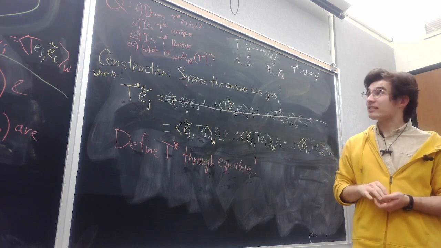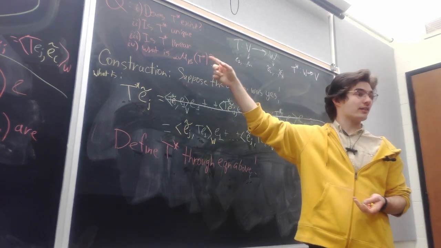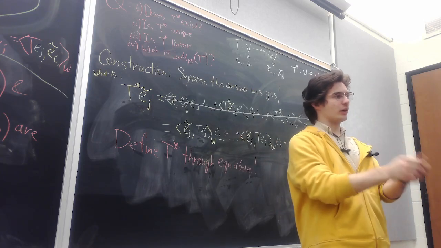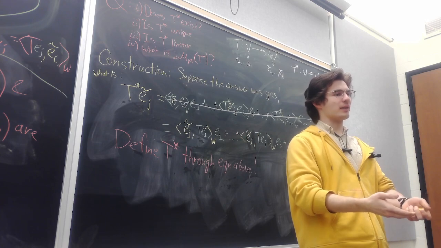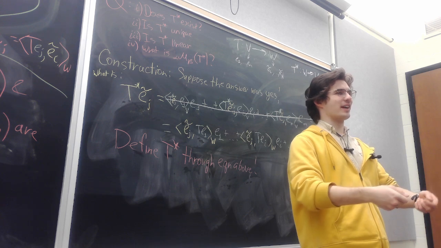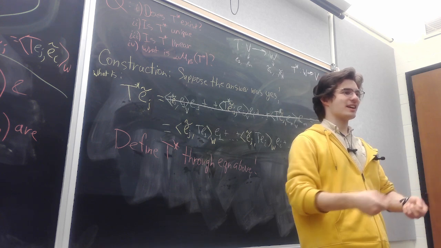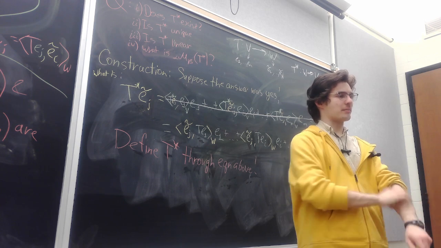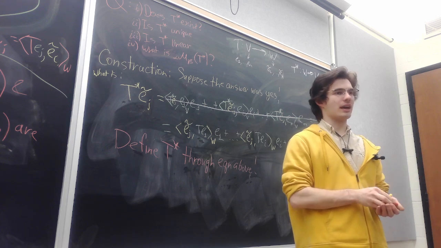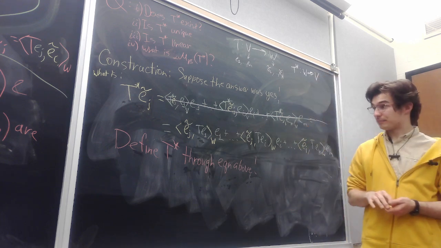Cool. The next thing that's obvious is that it's linear, right? Why? Because if I define a map just by telling you how it acts on the basis, then you automatically extend the definition by linearity, so you just define it to be linear in a sense. Because if you tell me how the map acts on the basis, then I can expand anything on the basis and work that way.